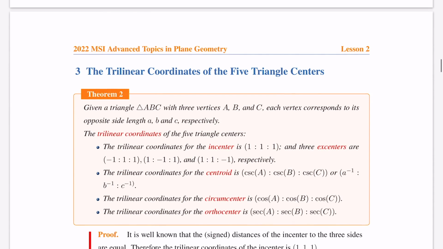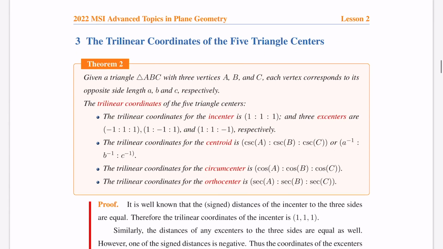Let's go to the most interesting part and the most powerful tool for the so-called five triangle centers. In a triangle, there are five important centers. Actually, there are more than 14,000 triangle centers listed that people have now discovered, but the top five are the most important, and they play one of the central roles in triangle geometry.